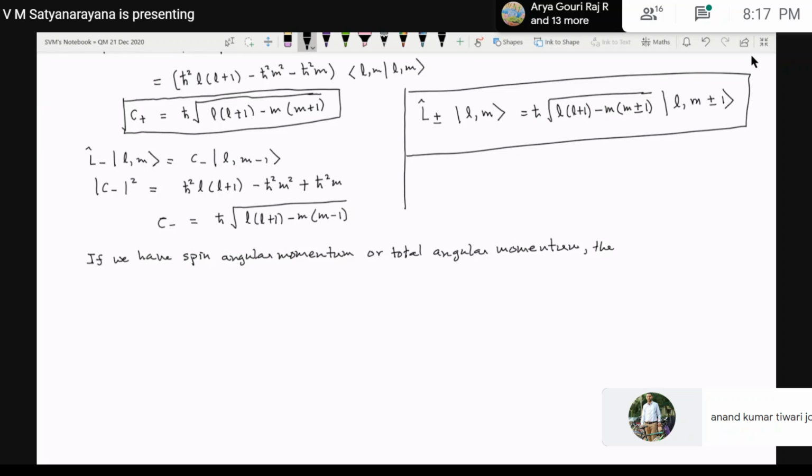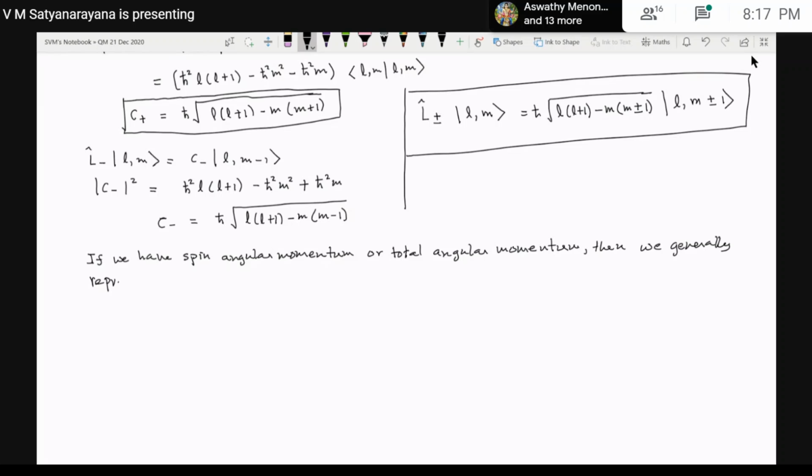Then we generally represent it as angular momentum J square and J3 as CSCO, and you represent |J, M⟩ as your eigenstates.